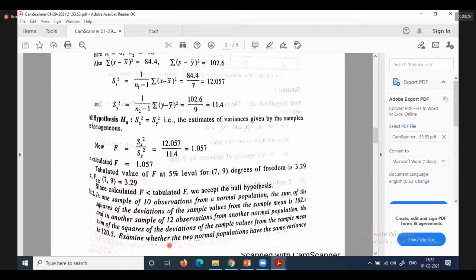Examine whether the two normal populations have the same variance or not.